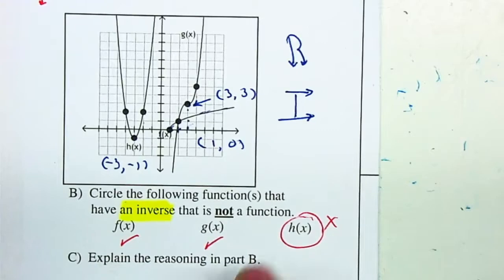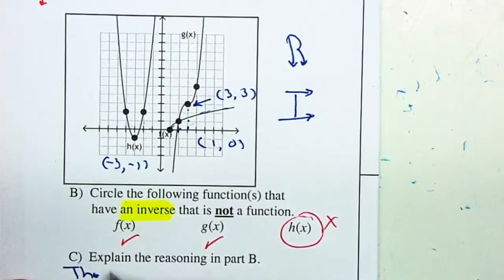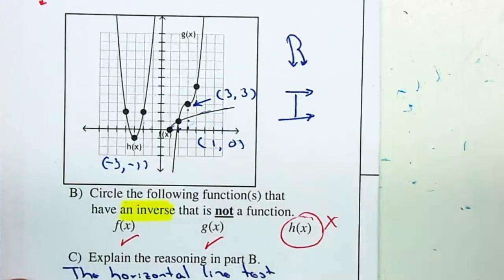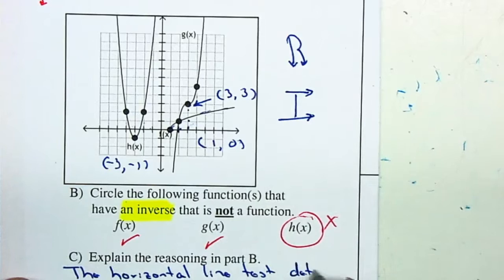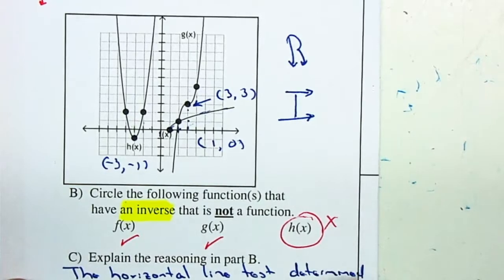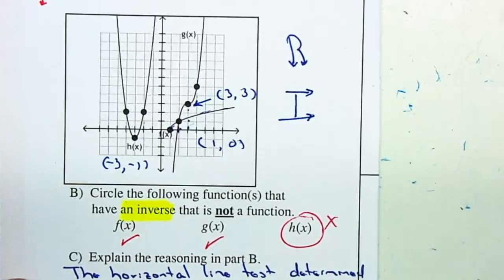Explain the reasoning in part B. And you can just write down the horizontal line test determine that it crosses twice at a given point.